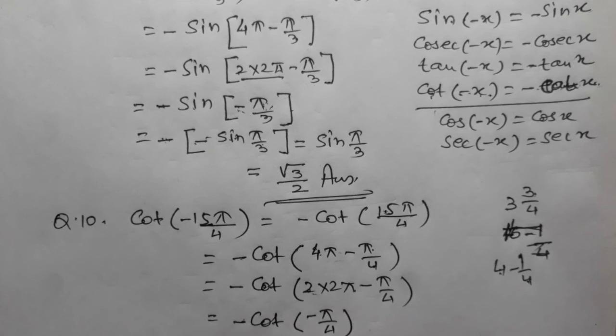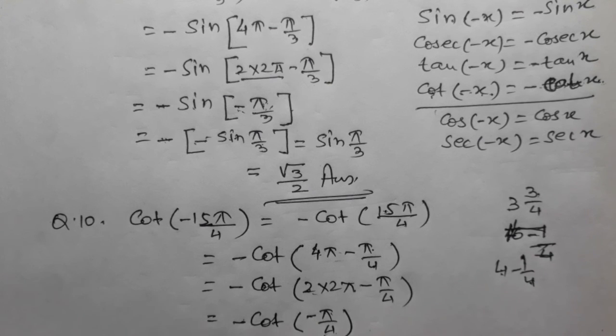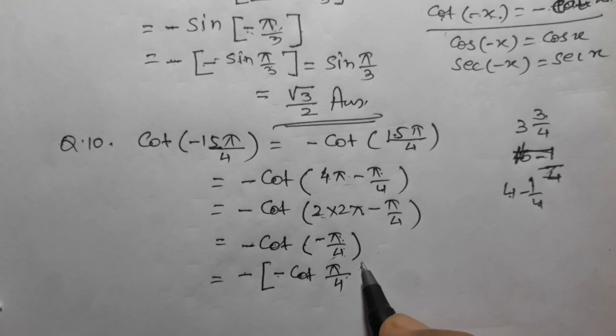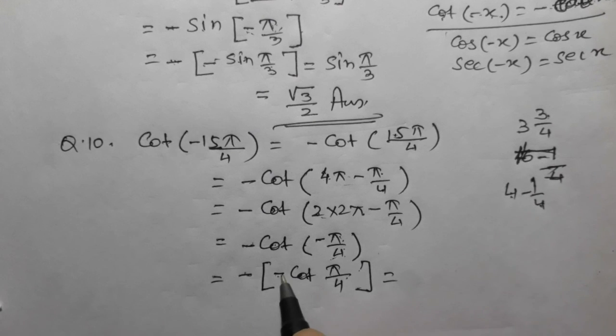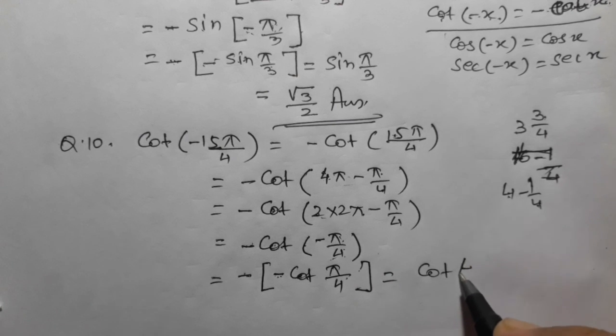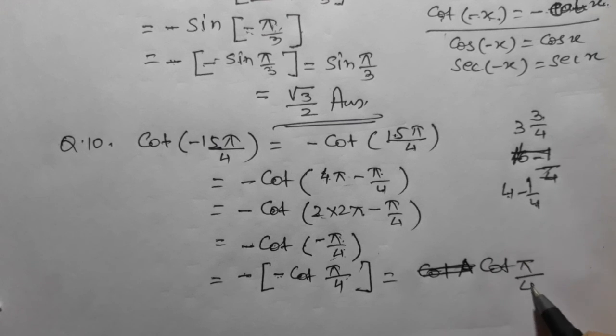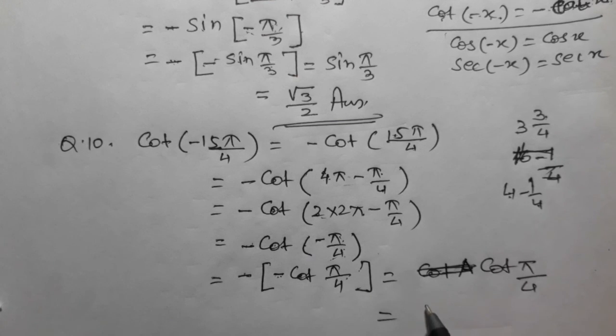This minus we keep here, and cot of minus pi by 4 will be minus cot pi by 4. So this will be minus minus plus cot pi by 4, and the value of cot pi by 4 is equal to 1.